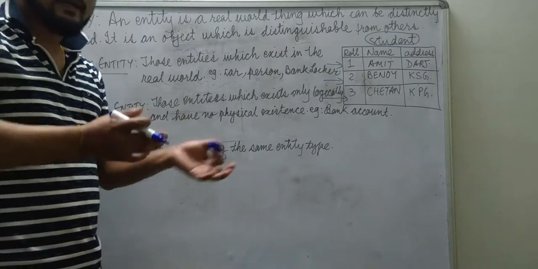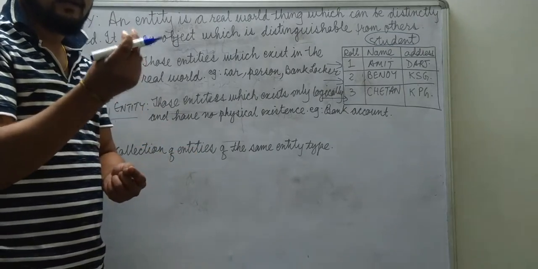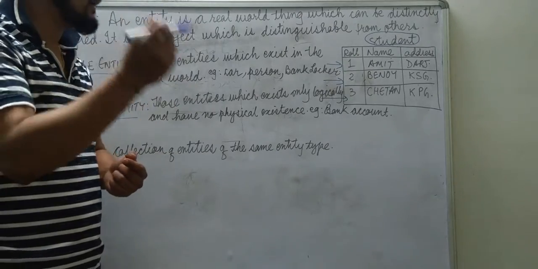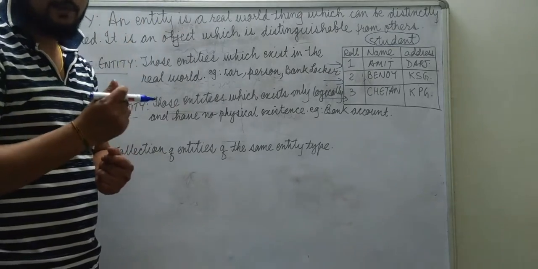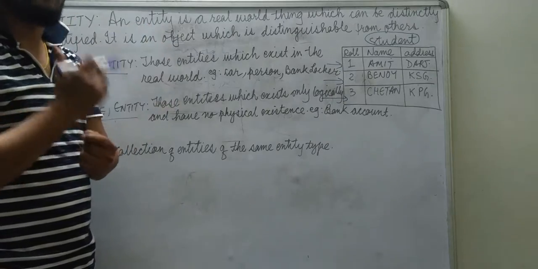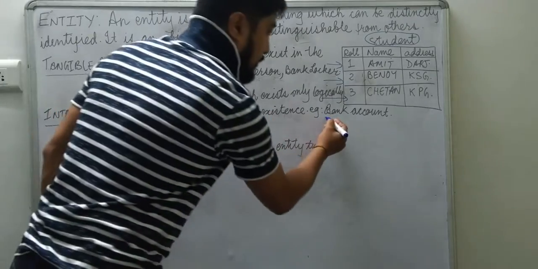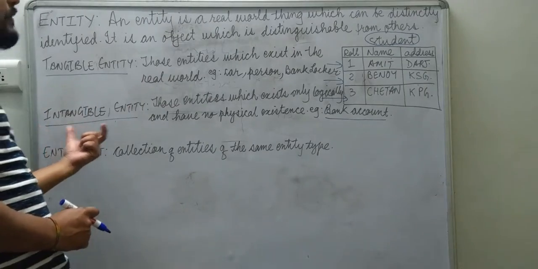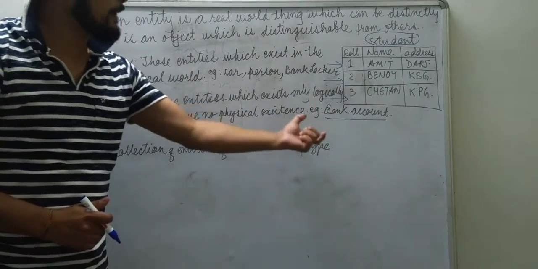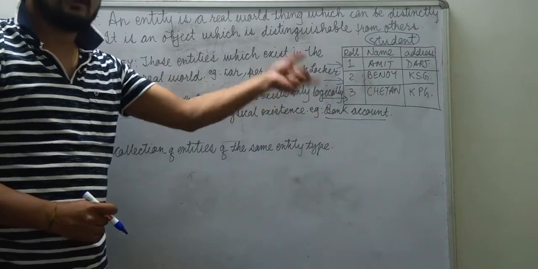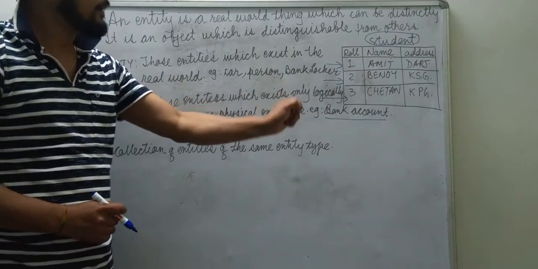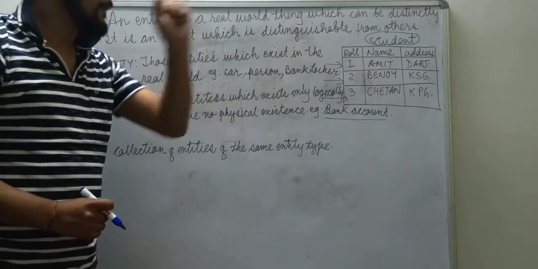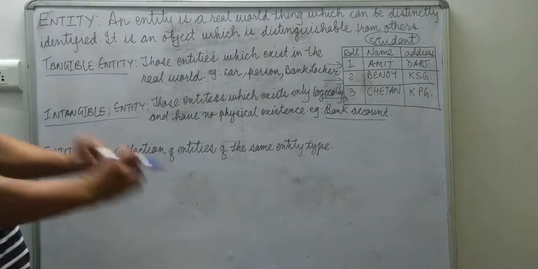A bank account is an entity because it can uniquely identify an object, or uniquely identify a record. It is known as an intangible entity because we cannot touch the bank account. It is not in physical existence.